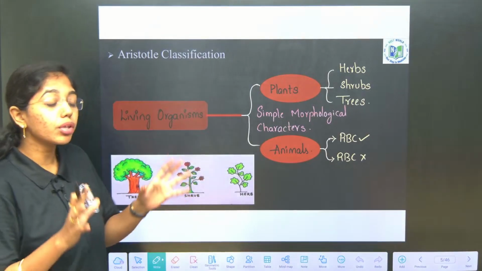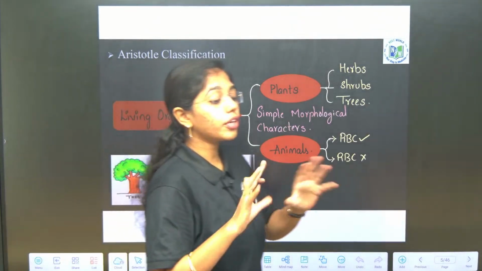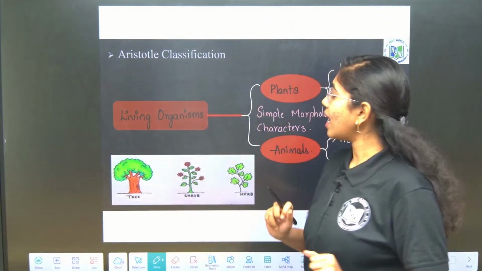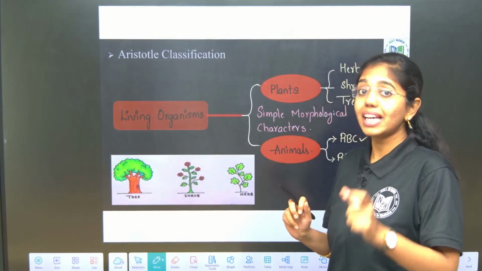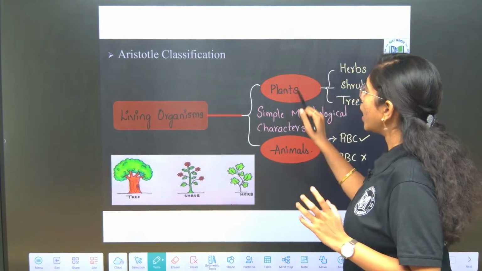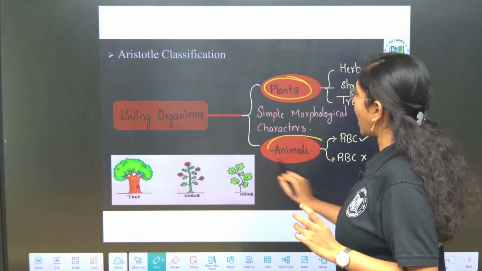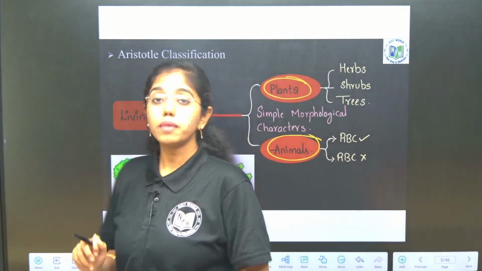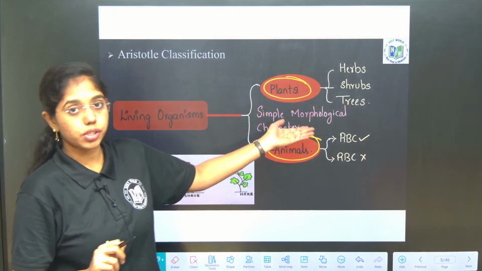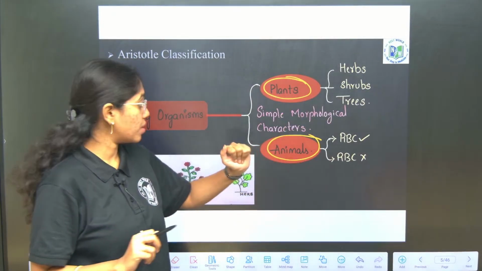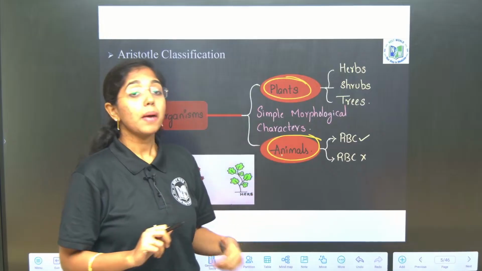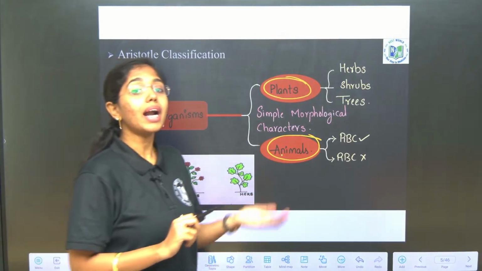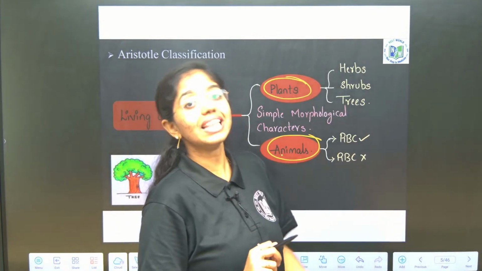Just by looking into the phenotypic characters or phenotypic features, Aristotle has primarily classified the living organisms into Plantae and Animalia. Plants are further classified into herbs, shrubs and trees based on the height of the plants, and then animals based on the presence or absence of RBC in the living cells.